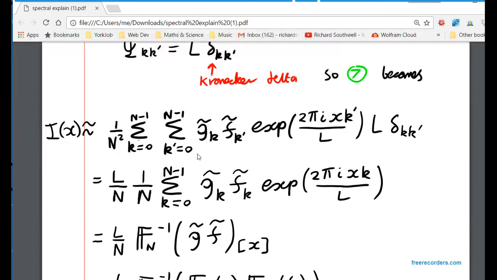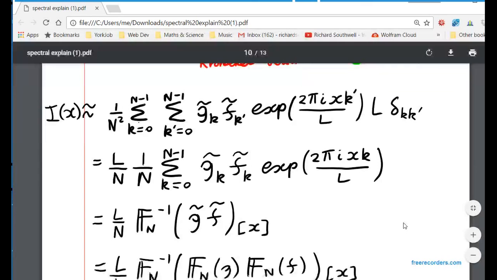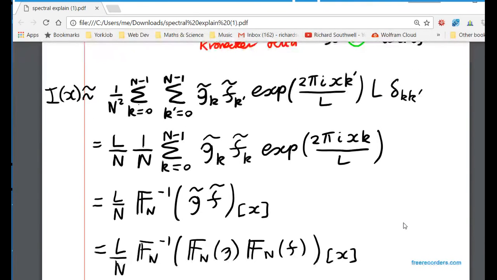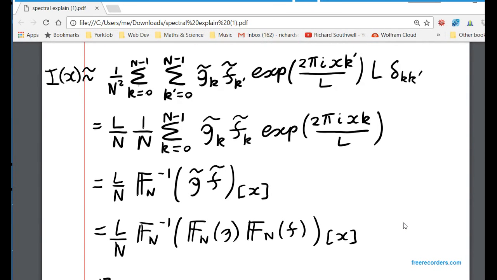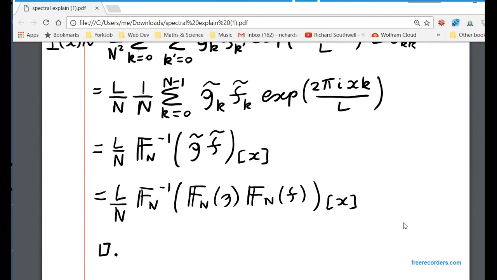So if we think of this as new Fourier coefficients, then we've got L divided by n, and what this expression really looks like is the inverse Fourier transform of this thing with Fourier coefficients g tilde k times f tilde k, evaluated at the point x. That's what I mean by these square brackets x. And we can just go from our tilde notation to our f notation, and then we get the formula that we started with. So that proves the convolution theorem.